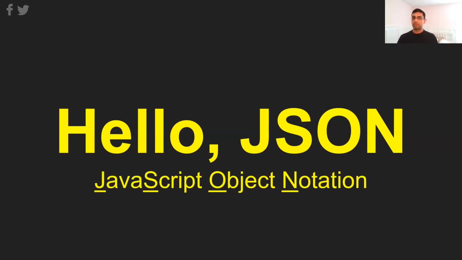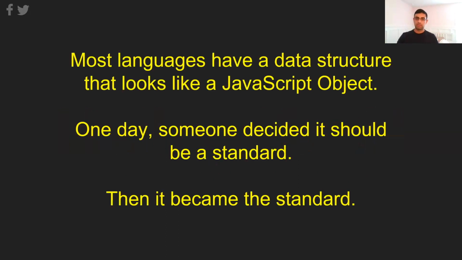JSON stands for JavaScript Object Notation. Essentially, it's a dictionary, a key value pair. That's how simple it is. However, it just became a standard. Before that, it was XML, so you would have data represented in XML format. Now JSON became a standard.